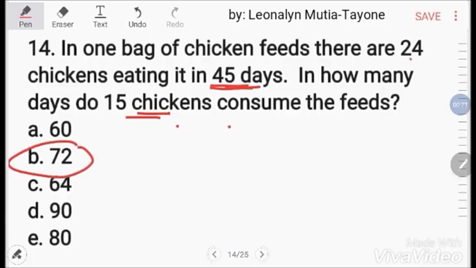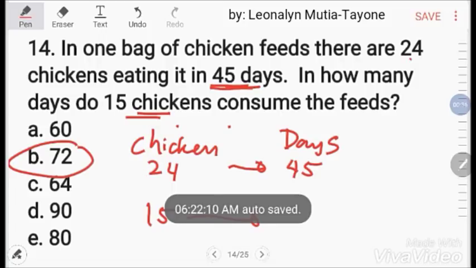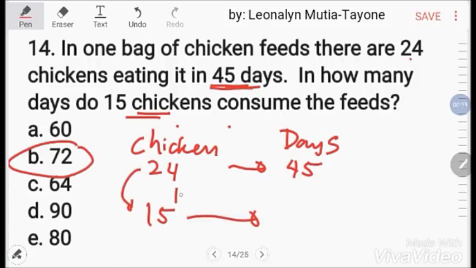Mas madali kasi yan. Kung isulat din natin, 24 na chicken, 15, ilan days yan? So, ang 24 ay 45 days. 24 divided by 15, that is 1.6.